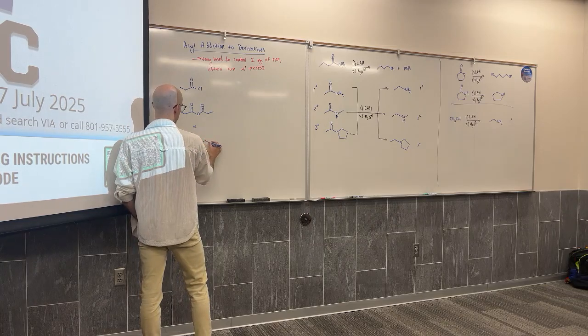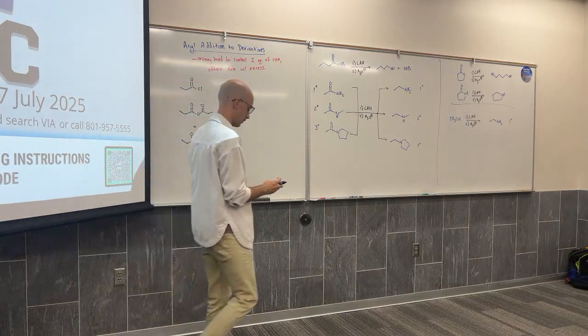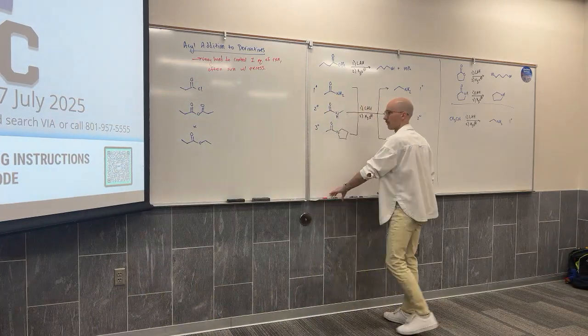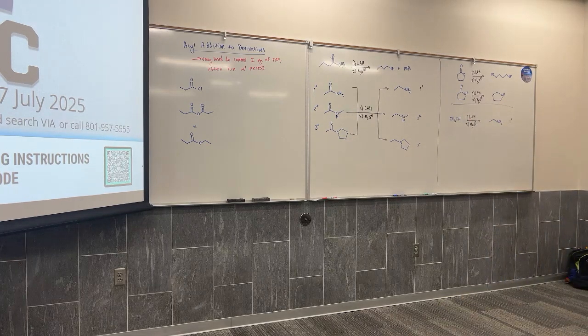And we'll take the ester. It's less common to see this acyl addition done with amides, not that it's impossible, but we'll come back and look at what happens with a ketone as well.